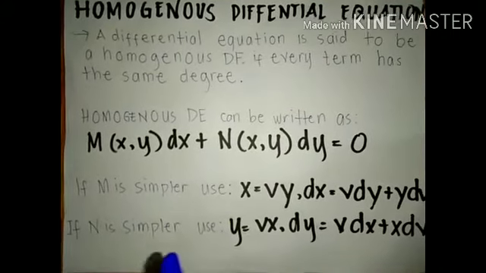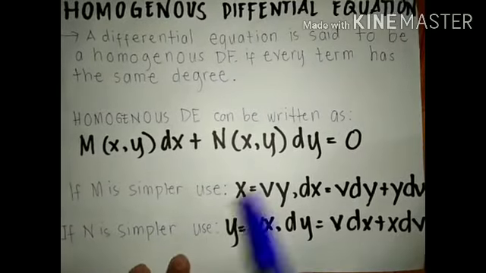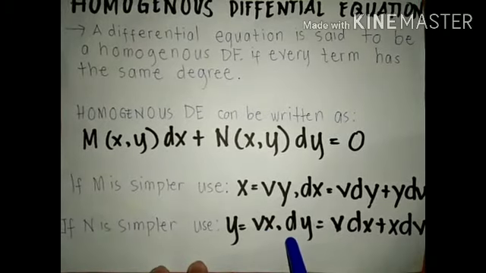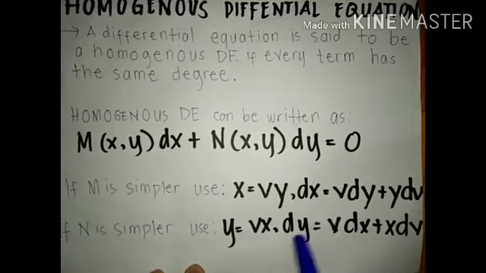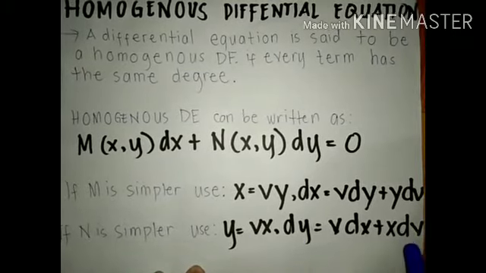But if N is simpler, we will use the substitution y equals vx, and if we get the derivative, we have dy equals, by the product rule, v dx plus x dv.